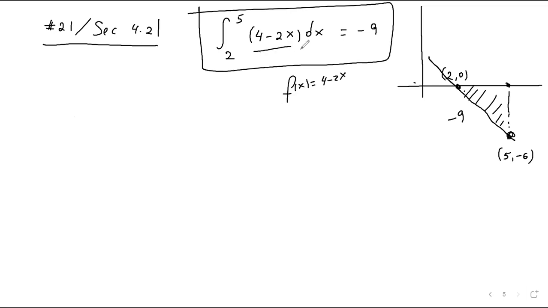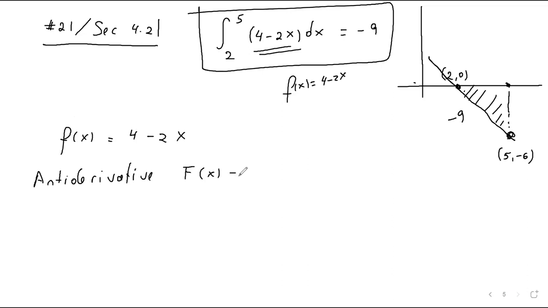So now I'm going to take a look at this function, f of x equals 4 minus 2x, and I'm going to find an antiderivative. An antiderivative, I'm going to call that capital F, will be given by the formula. The antiderivative of 4 here, folks, is 4x, right?